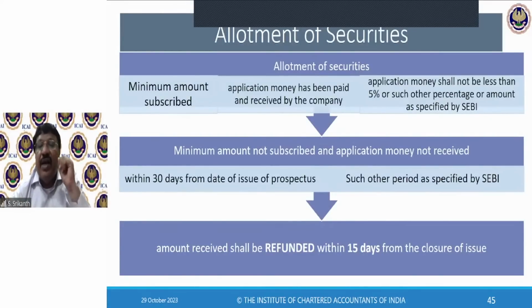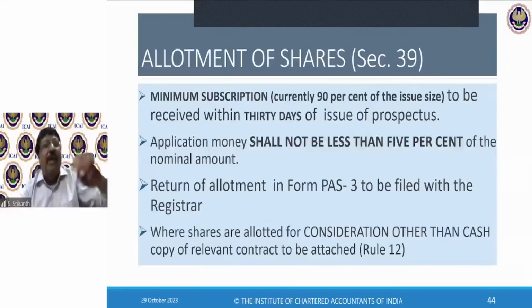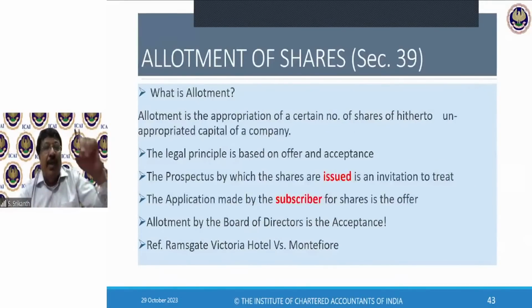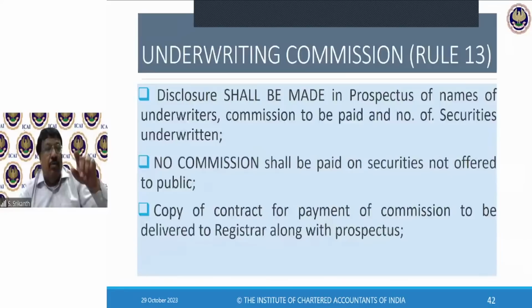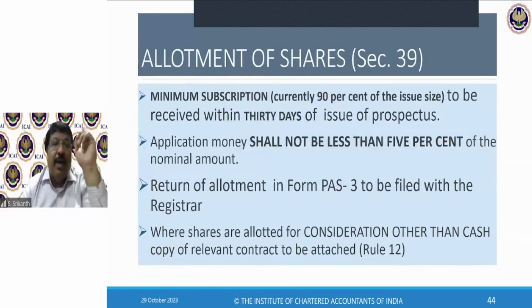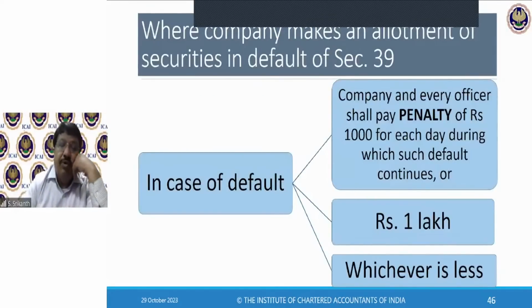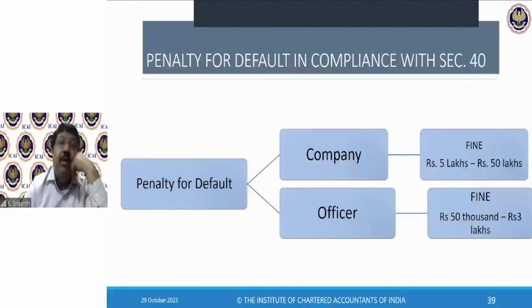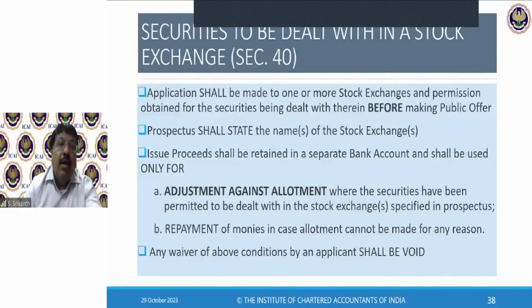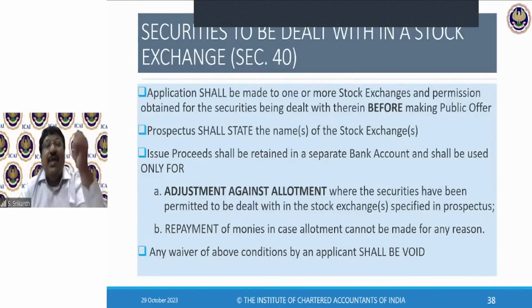if it is not received within that time, the amount received shall be refunded within 15 days, the entire amount. This is why the money received on a public issue will not be kept with the company, but in a separate bank account. You remember here, issue proceeds shall be retained in a separate bank account and shall be used only for adjustment or repayment of money in case allotment cannot be made for any reason.